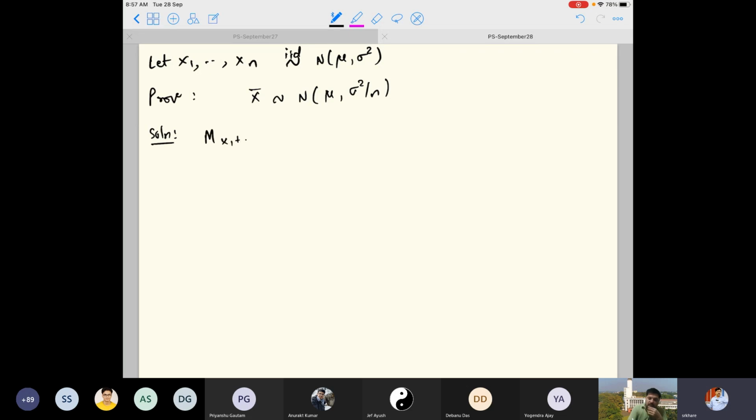So we start with the moment generating function, which is nothing but M_x bar(t), right? By definition this is the expectation of e to the power t times (x1 plus x2 plus ... plus xn) divided by n. Do you all agree?